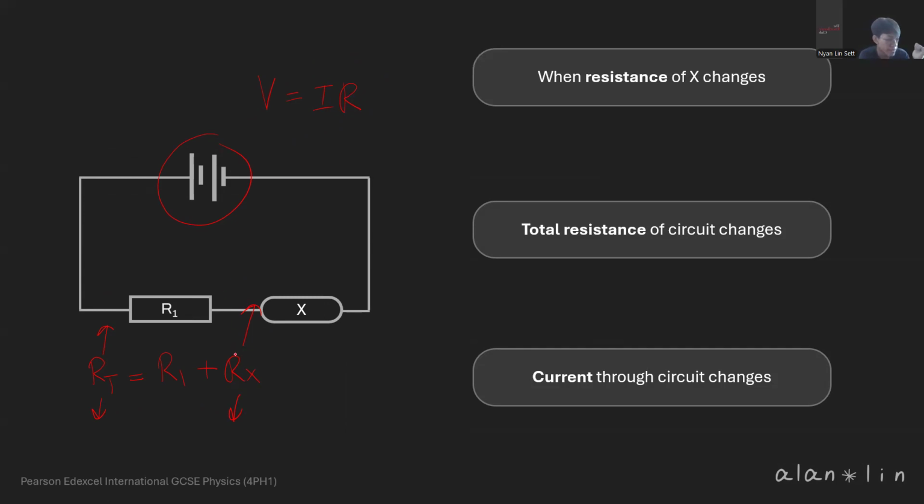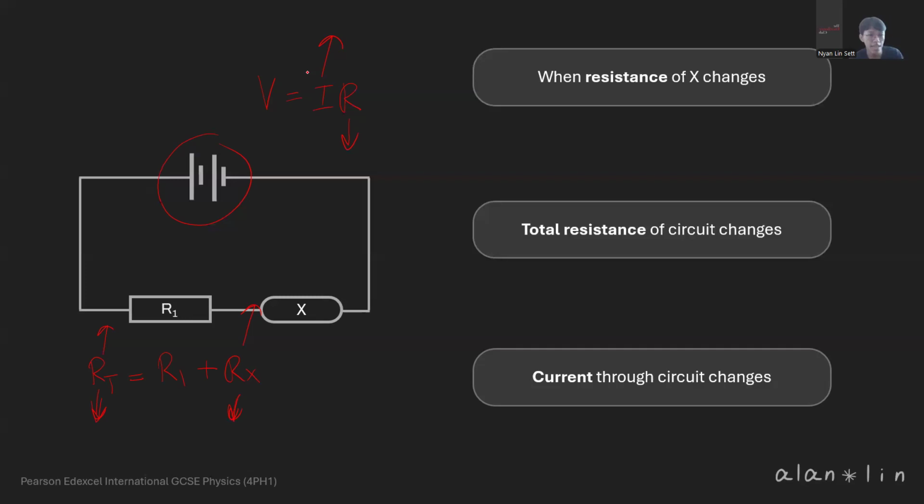So in our previous example, let's say that the resistance of component X decreases, and thereby the total resistance of the circuit decreases. Now, if the total resistance of the circuit decreases, the current is going to increase. So there is less resistance, the current can flow more freely. But if the total resistance increases, the current is going to decrease.